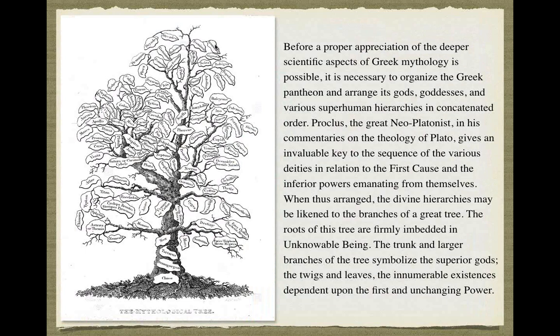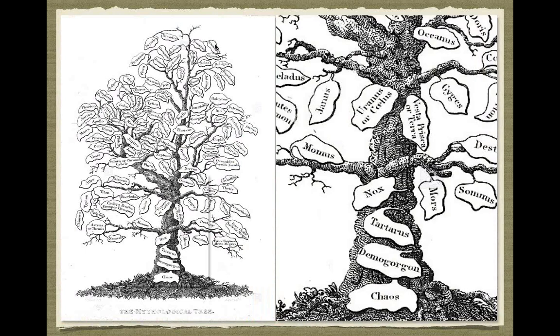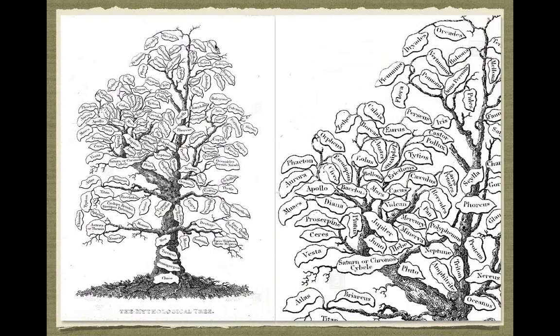Thanks, Leah. So here's some close-ups so you can actually read these leaves. At the bottom of the trunk, we see chaos, which is another name for the Great Mother and is the initiating source of all manifestation. As we move up the tree, we see primordial gods like Uranus and Oceanus. At the top, we see the later gods and goddesses like Vesta, Ceres, and the Muses, right?